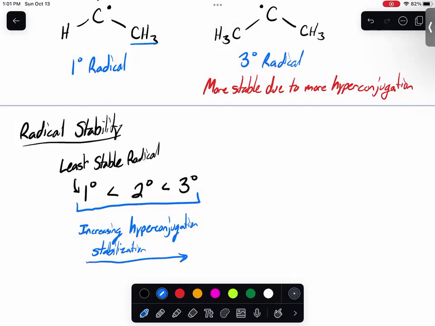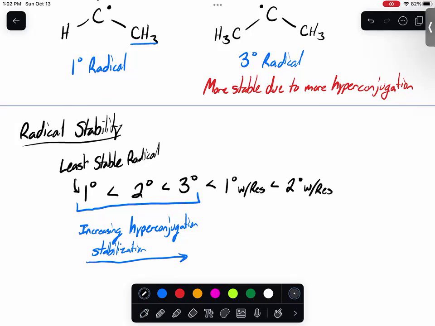And then we also had said that hyperconjugation was not the only way to stabilize a radical. Even better than these are things that are resonance stabilized. But the thing is, we can also identify these in terms of their substitution, because we would say a primary with resonance would be a little worse than a secondary with resonance.